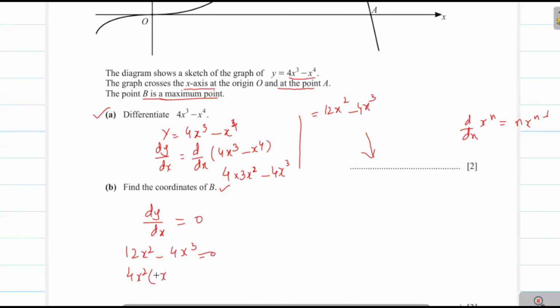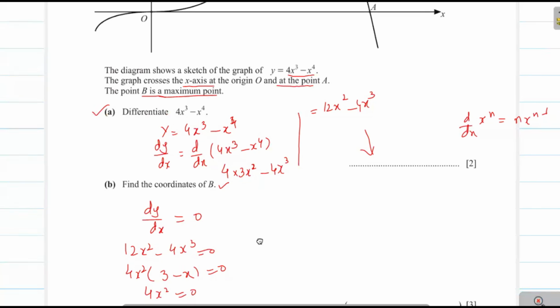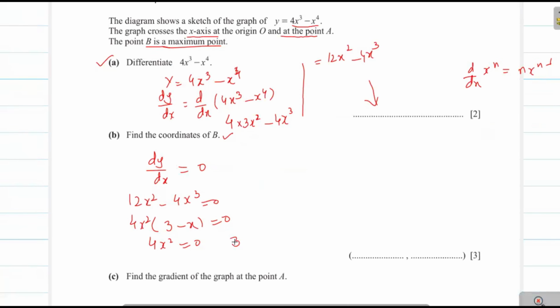It becomes equal to 3 minus x equal to 0, and we can write 4x square equal to 0 or 3 minus x equal to 0. Therefore, x equal to 0 and x equal to 3.